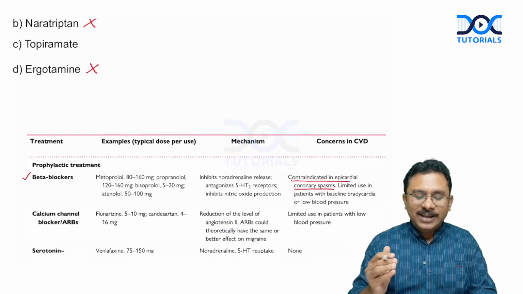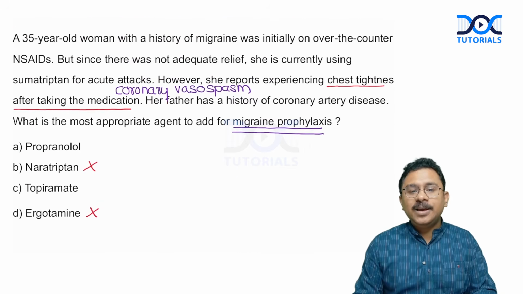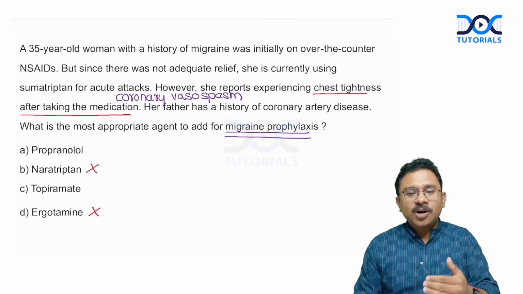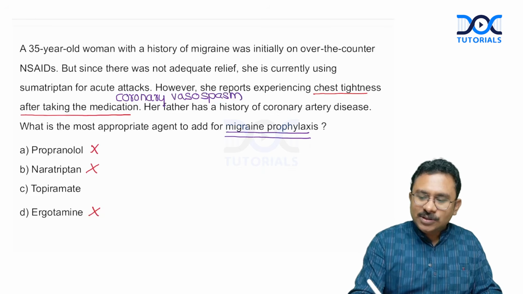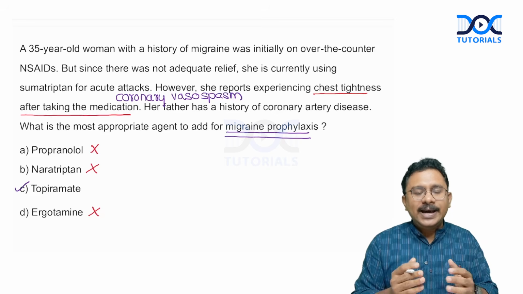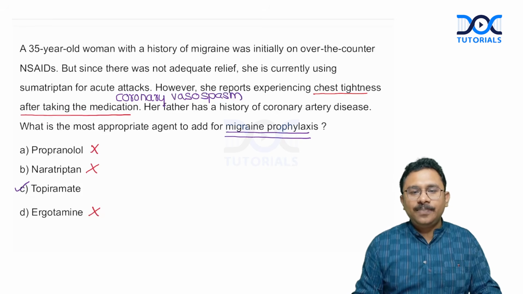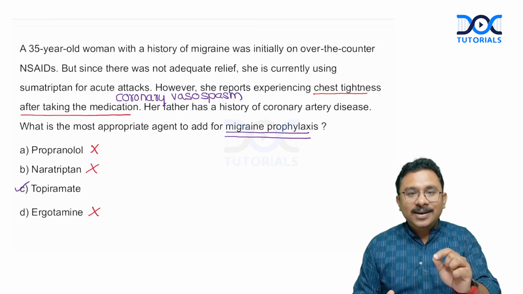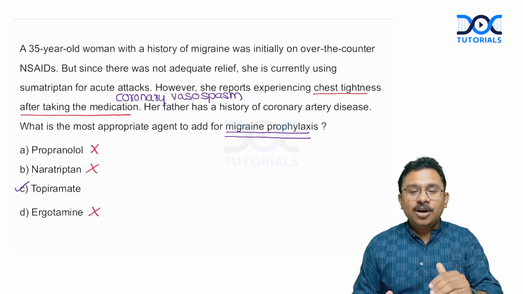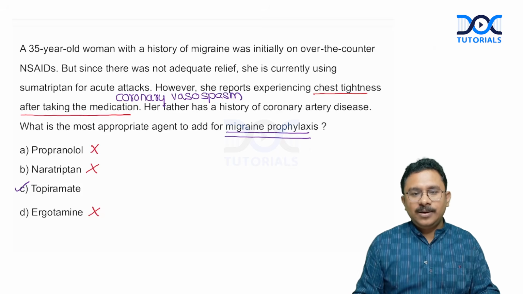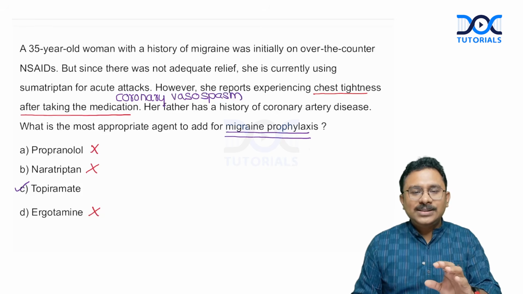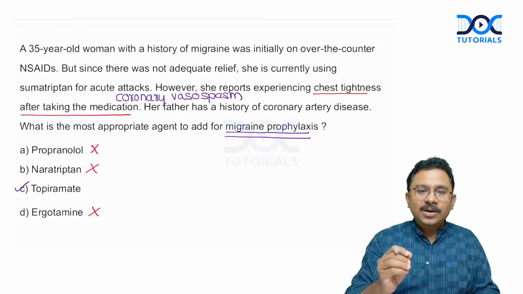Because of that I'm not favoring propranolol, because I've got another option, topiramate, which is again a drug used for migraine prophylaxis, and it is commonly used, and there is no other data given in the question which is a contraindication to use of topiramate. So when you look at the question with the options, I feel the better answer will be topiramate.